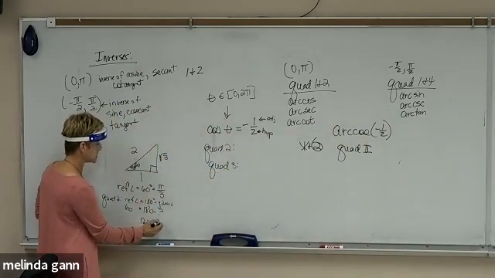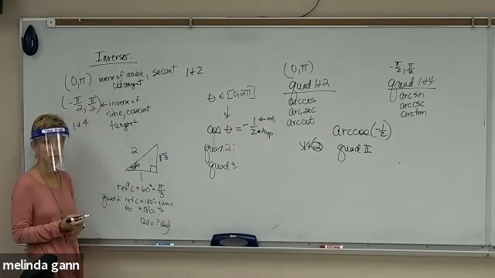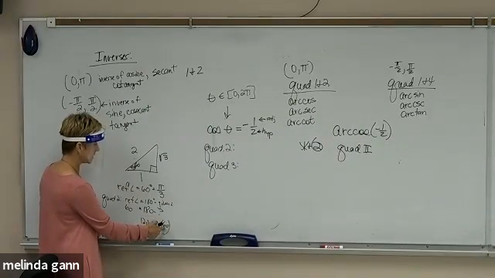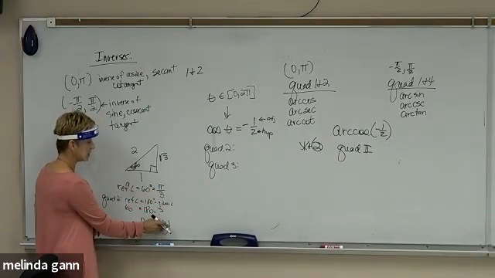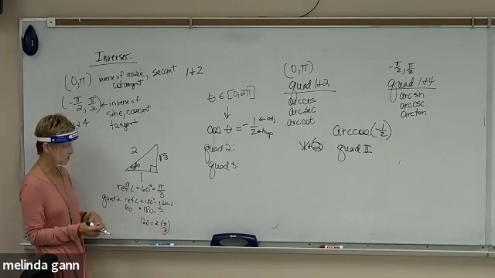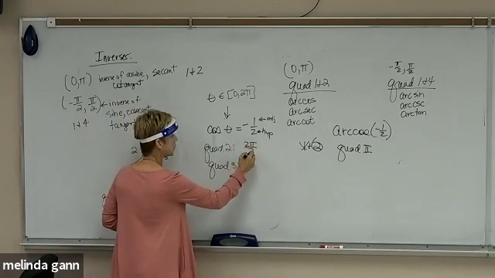Now that's got to be something times your reference angle of 60. What do you multiply 60 by to get 120? 2. Well, what is 60 really? It's pi over 3, isn't it? So what's my quadrant 2 answer? 2 pi over 3.